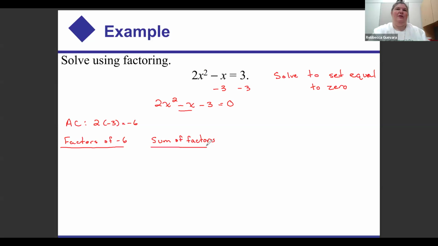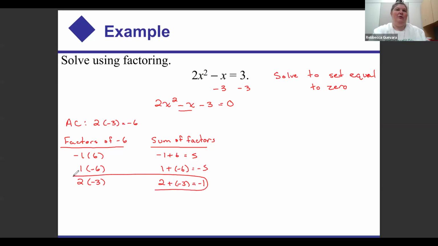So we're going to look at the sum of those factors. We have -1 and 6. If we add those together, it's 5. If I have 1 and -6, if I add those together, I get -5. If I have 2 and -3, those are also factors. 2 plus -3 is -1.